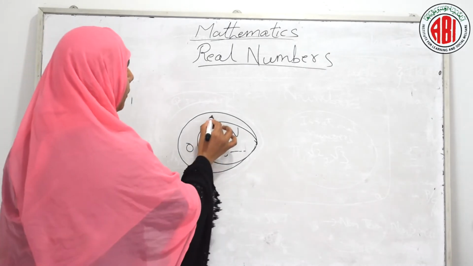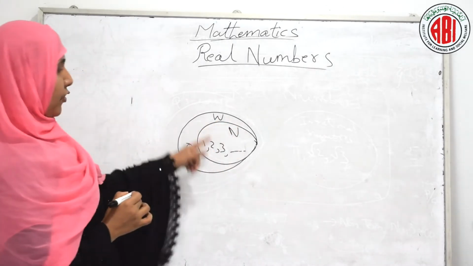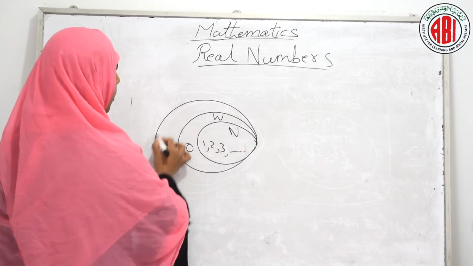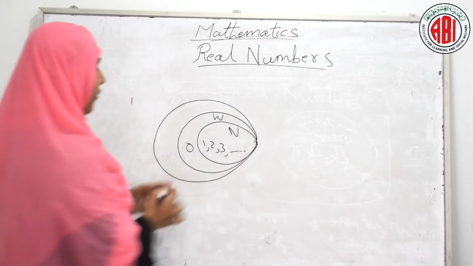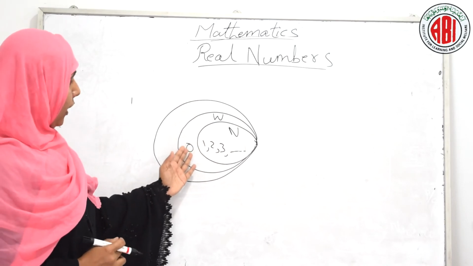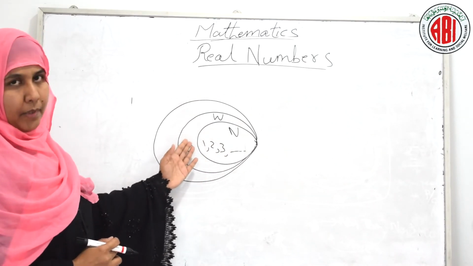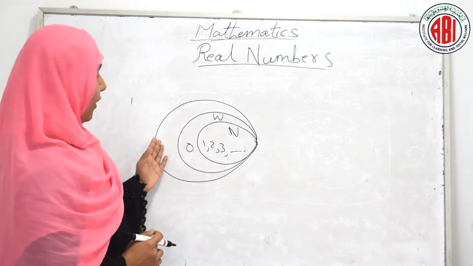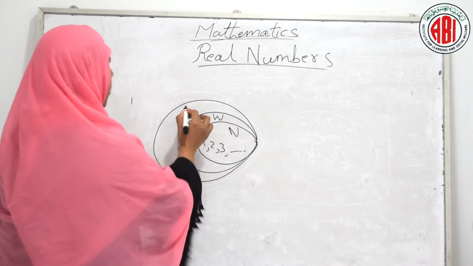So these are whole numbers. Inside that we can use integers. Natural numbers, whole numbers including 0: 0, 1, 2, 3, all these are whole numbers. Positive numbers and negative numbers together are called integers.